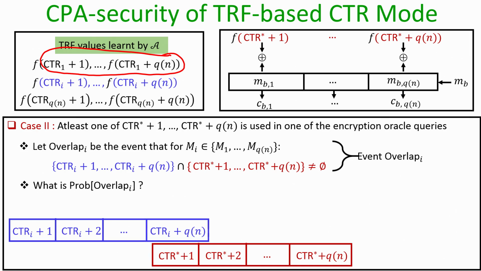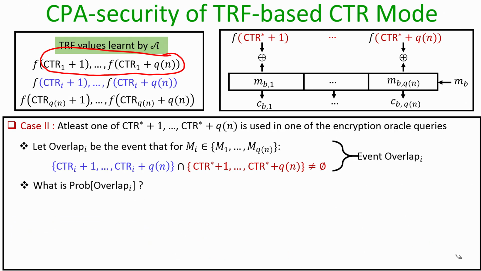As I said earlier, the event overlap I can occur in several ways. If overlap I occurs because the last counter value used for encrypting the last block of the message mi is the same as the first counter value used for encrypting the first block of the challenge plaintext, then the value of the ith counter value should satisfy this relationship. Only then could the event overlap I occur in this way.